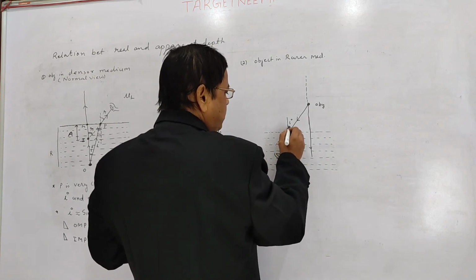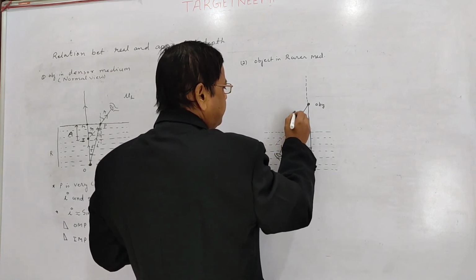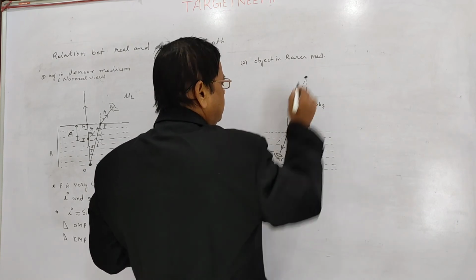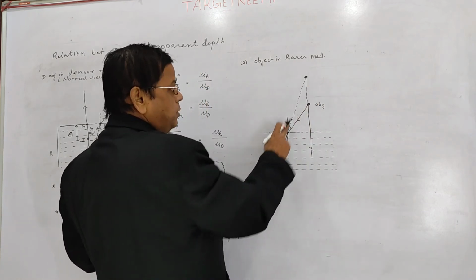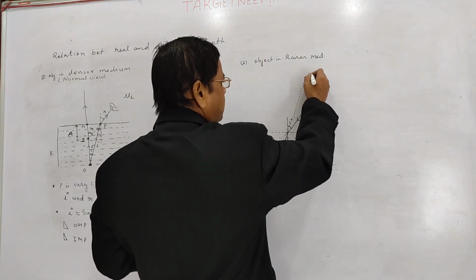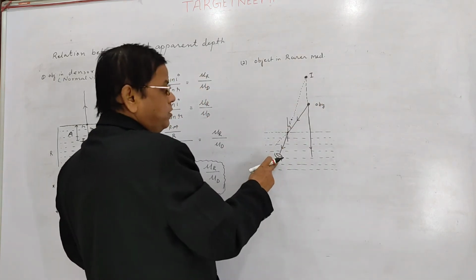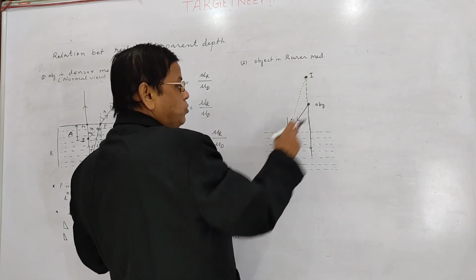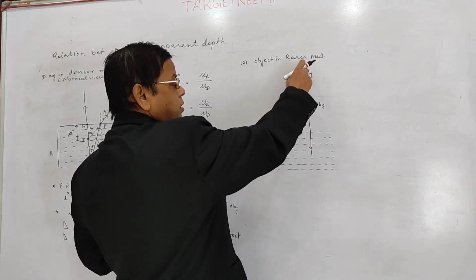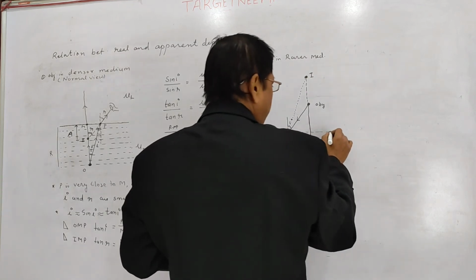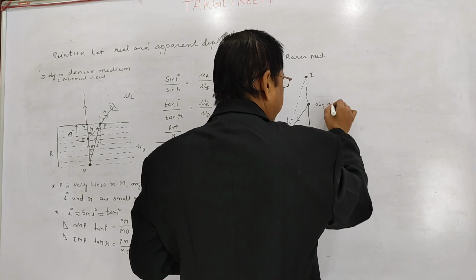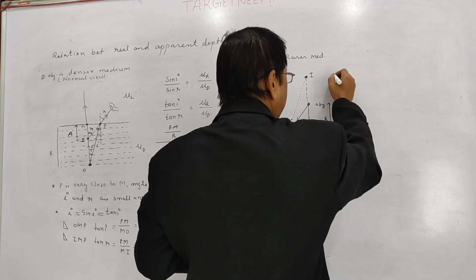If you extend this ray, it appears that this ray is coming from here, so the image will be seen here. So this observer will see the image of the object here. He is not going to see the object, he will see the image, and that is here.